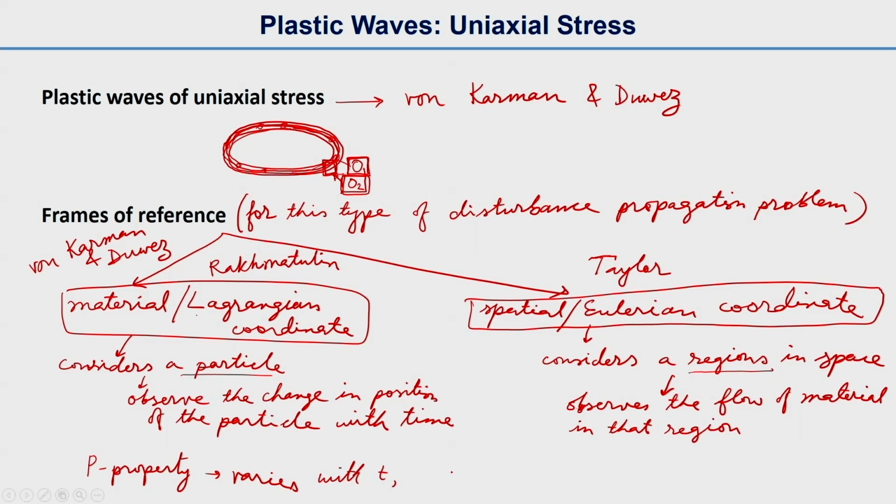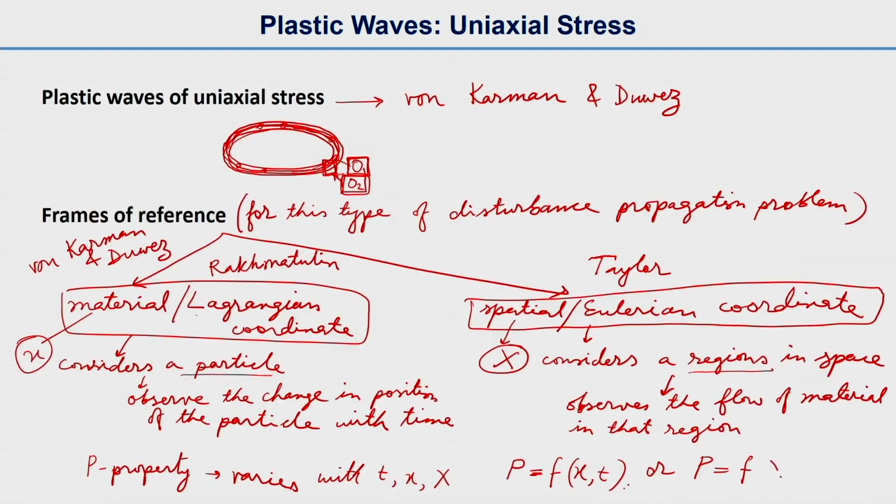These spatial coordinates we will write as small x, and the material coordinate we will write as capital X. So it varies with small x and capital X. P can be expressed either as a function of small x and t, or as a function of capital X and t. So those are the two frames of reference.